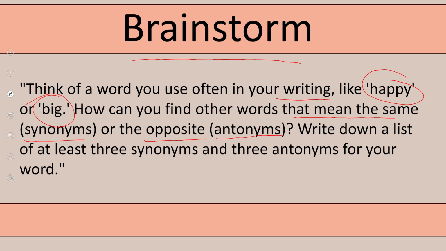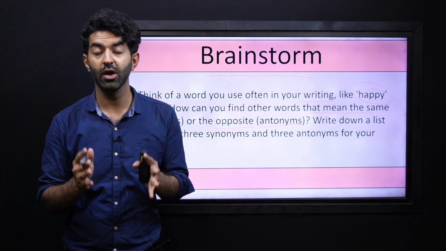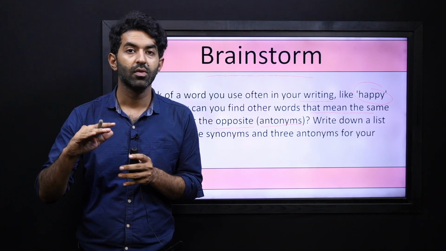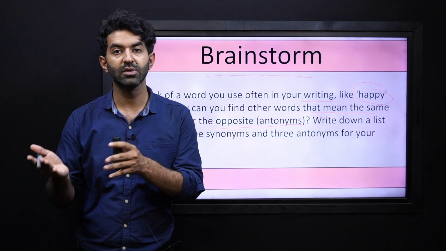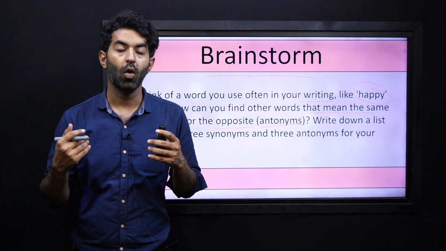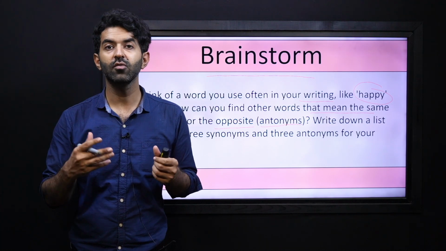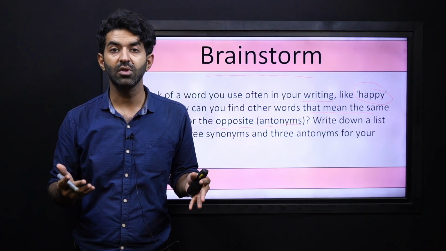Now write down a list of at least 3 synonyms and 3 antonyms for your word. Do not worry if you can't, because we are going to learn them. Write 3 words that mean the opposite, negative. Or also write a word like happy and write other words that mean the same thing.